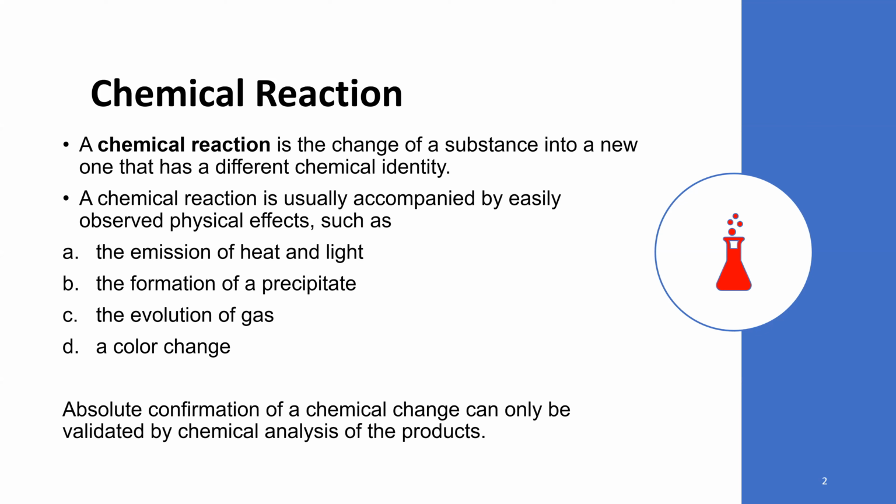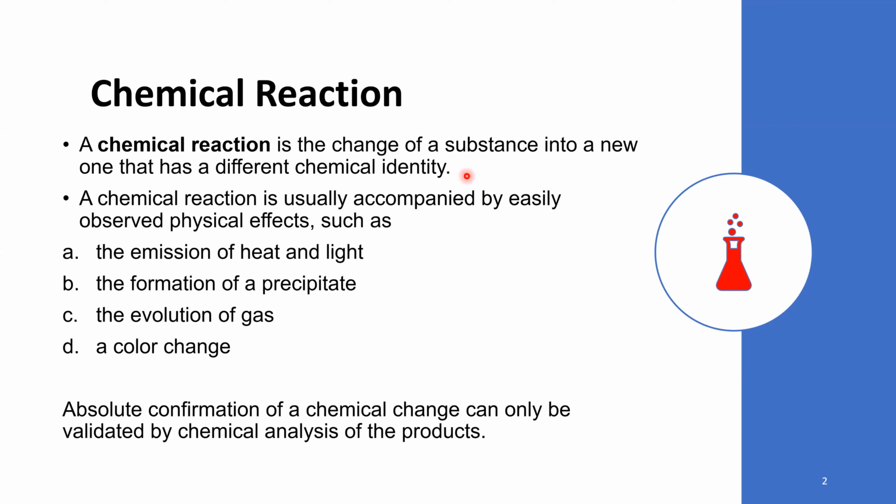We'll define what a chemical reaction is, for general understanding. A chemical reaction is a change of a substance into a new species, a new compound, one that has a different chemical identity.